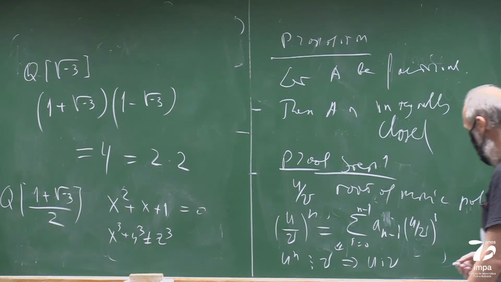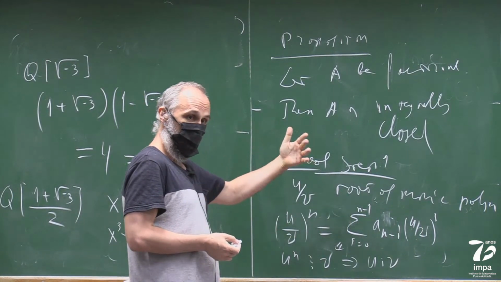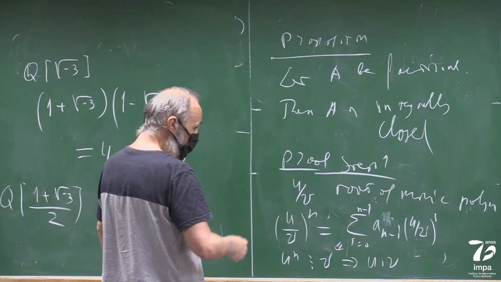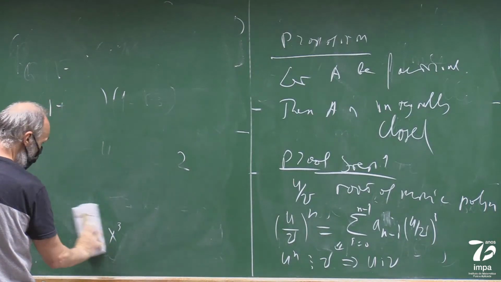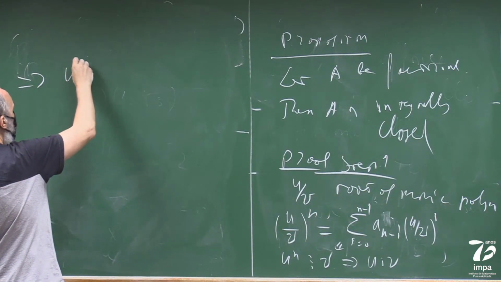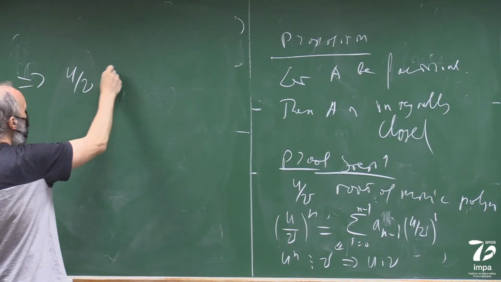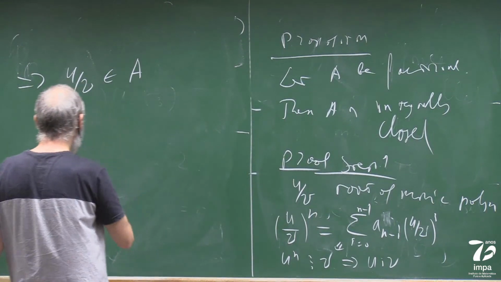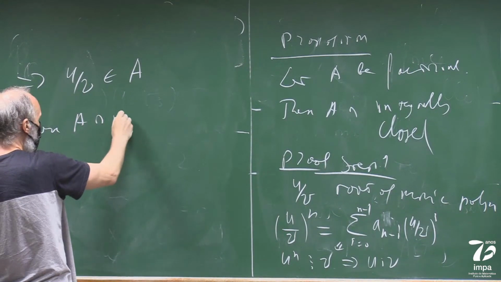And since they are coprime, this is impossible unless v is invertible. And then this implies that if you have a root of a monic polynomial, then u by v is actually an integer, u by v belongs to your ring A. This means precisely that A is integrally closed.